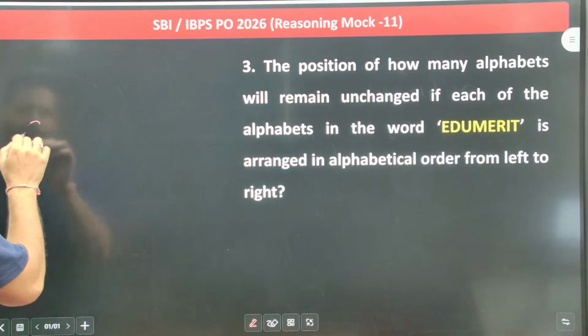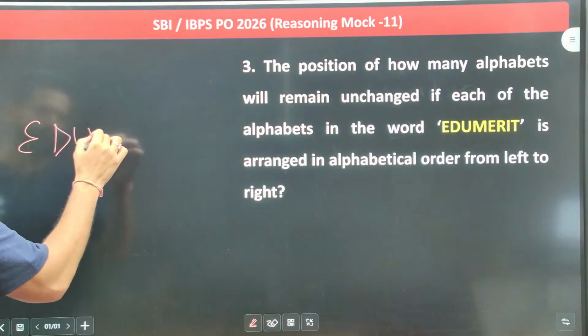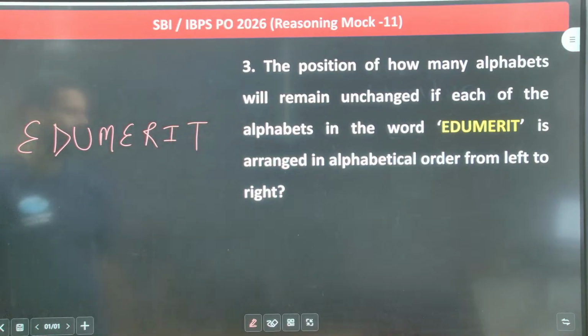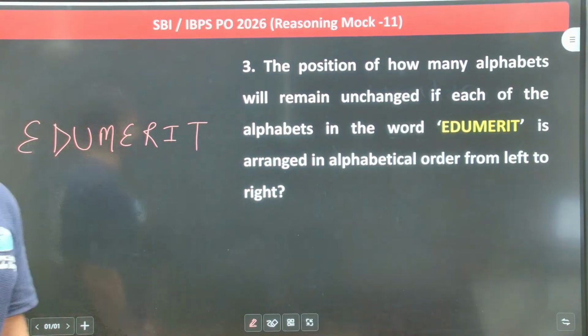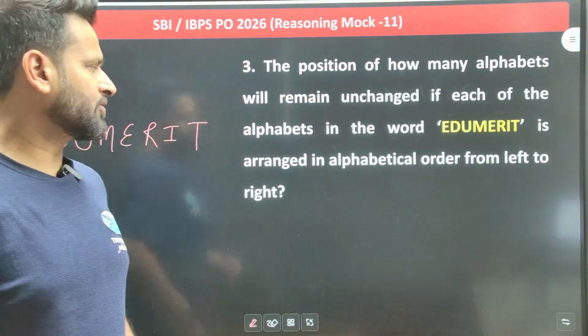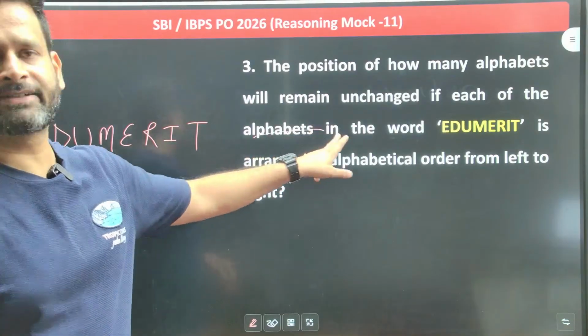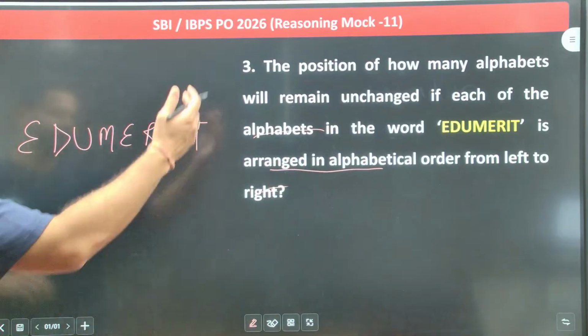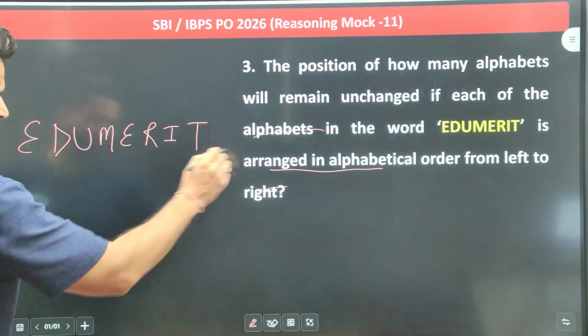The word given to you is ENUMERATE. You need to arrange all the letters, alphabets, in alphabetical order from left to right. This is my left, this is my right. Alphabetical order from left to right.